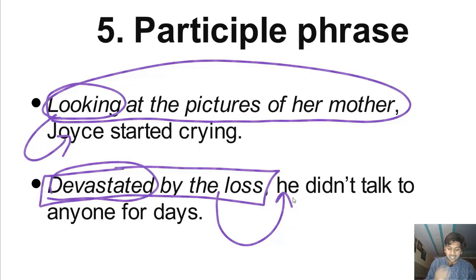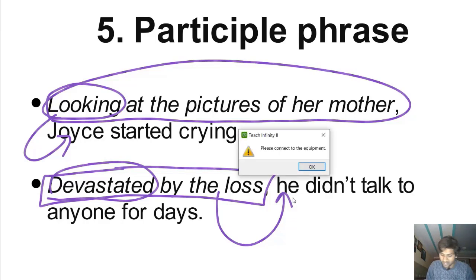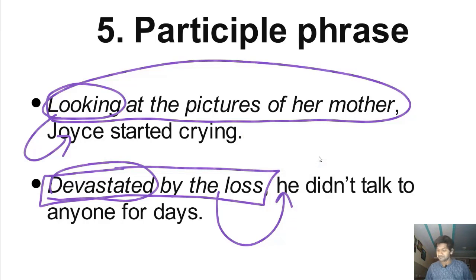For example, having been devastated by the loss, having been devastated, or having finished the homework before time, I went out for shopping. All right, having followed by a past participle in the active voice. In the passive voice, we use been before it. All right, we have a detailed video on perfect participle phrase as well.